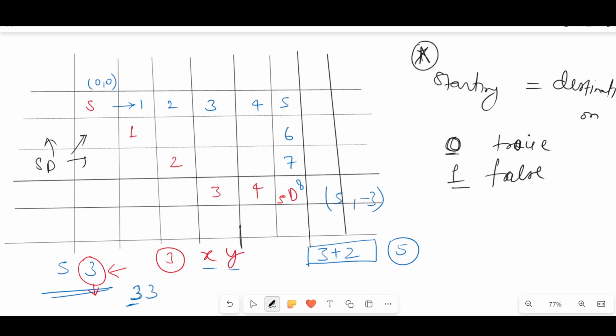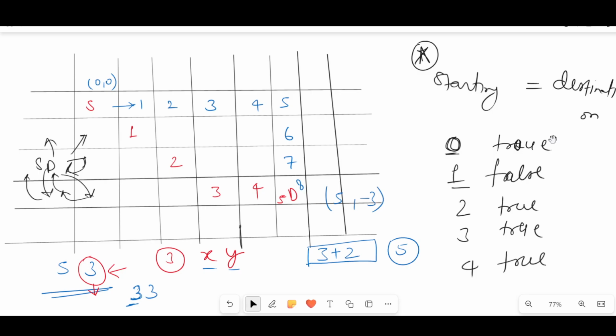For any other value, 2, 3, 4, after going away from the destination I can reach it again. If 2 is given, I will go and at the second second come back. If 3 is given, I will go here, go here, and come back to the destination. So 3 also returns true, and for any larger time I return true, because I can always come back to the destination if I'm already standing on it.